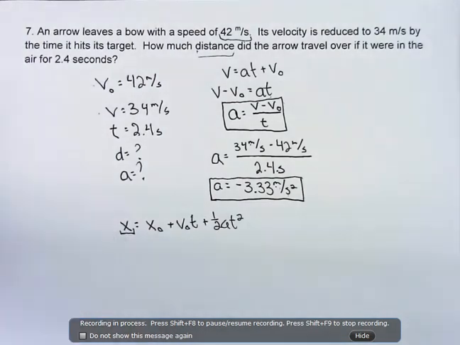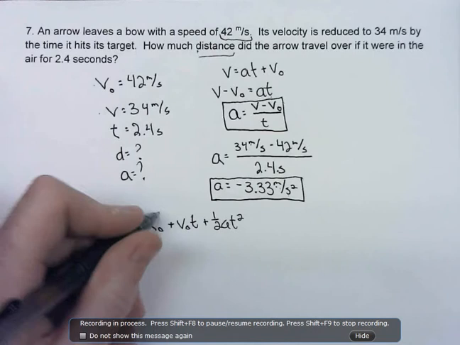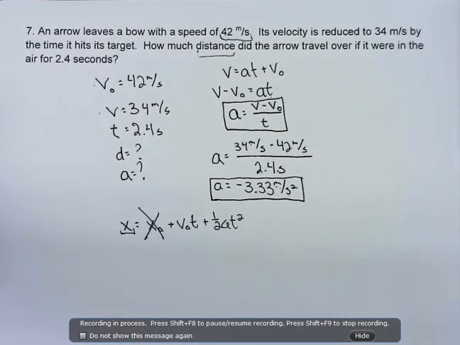How far did it go? If you remember before, I said in this equation, if I don't give you an initial position, just make it 0. So goodbye initial position. Let's see if we can use the rest of this to solve for our final position here, how far it went.